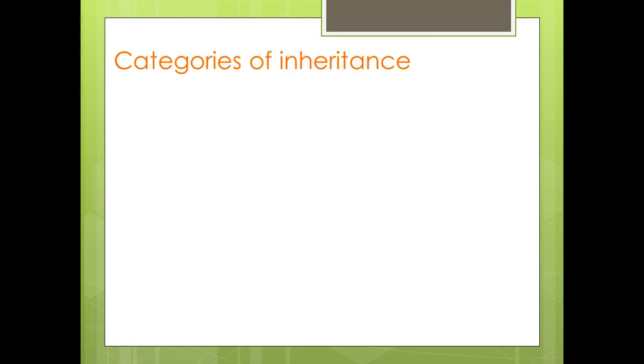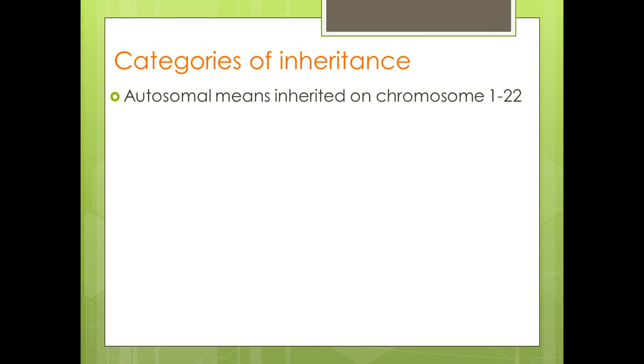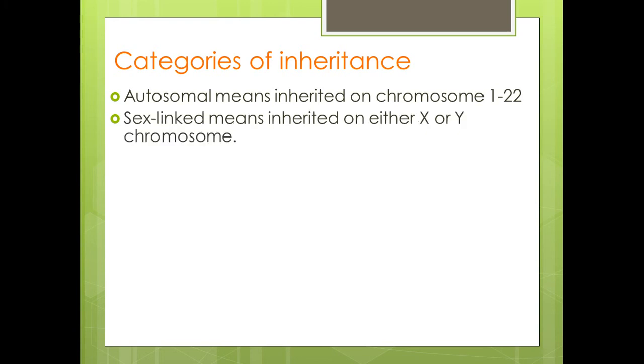Now there are certain categories of inheritance. Autosomal means that the gene is inherited anywhere on chromosome 1 through 22. Sex-linked, however, means that the trait is inherited either on the X or the Y chromosome.